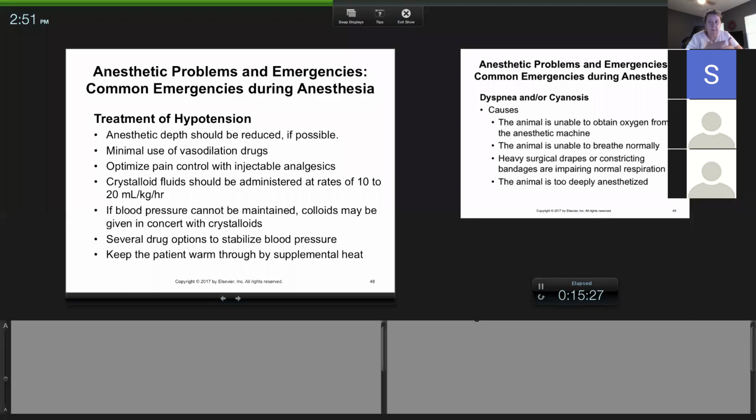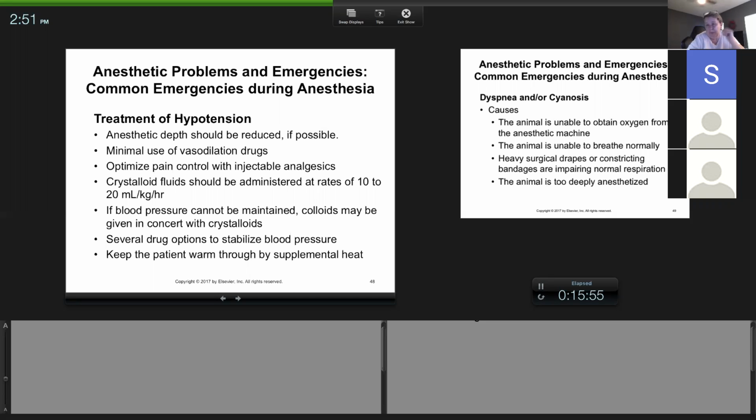He said, if you keep having to turn them up, you tell me, and we'll give them morphine or hydromorphone or butorphanol, whatever analgesic, we would give them more during surgery. Because there's no reason to be higher than 2.5%. But a lot of clinics will just turn the vaporizer and forget about it. But I'm telling you, ideally I like my patients around 1.5. 1 would be really low on ISO.